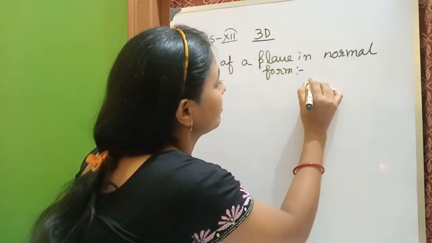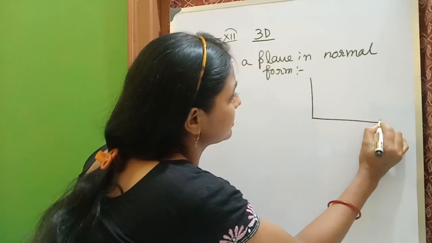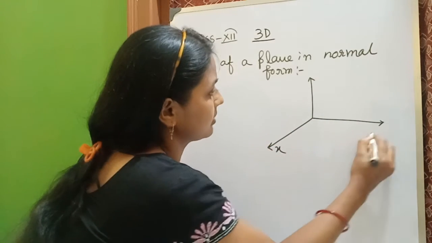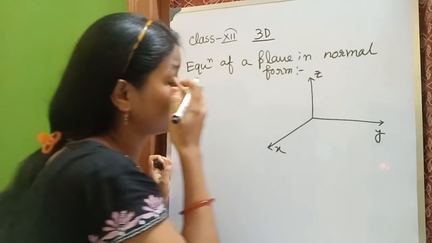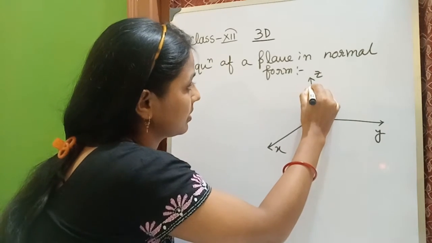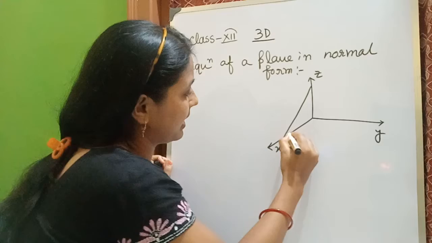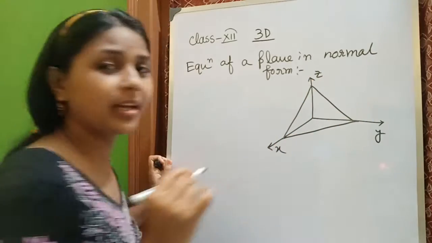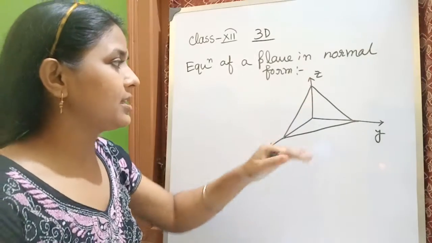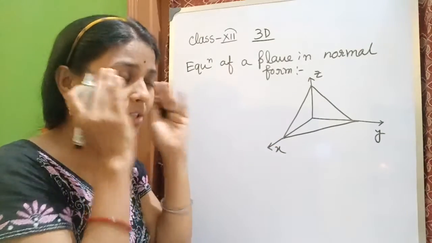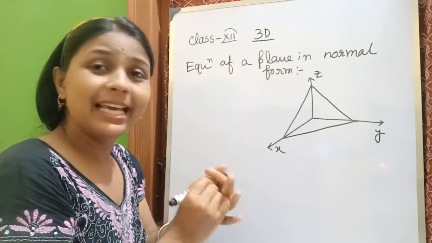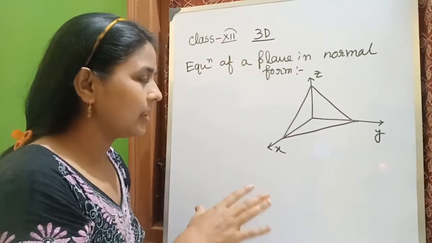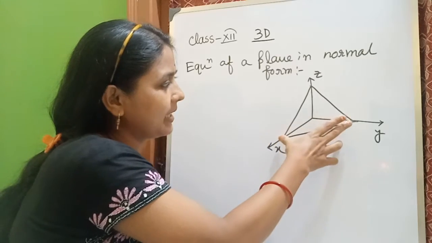For this, we will draw a very simple 3D system: X, Y, Z. I am drawing a plane which may look like a triangular shape, but keep in mind that the plane is inclined.